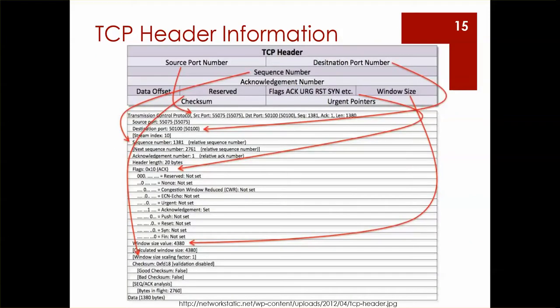A typical TCP header: we have the source port, the destination port, a sequence number, and an acknowledgement number, and these are a basic representation of that information. Here are the flags. If you follow the convoluted arrow, this is a basic Wireshark packet capture that examines these flags.